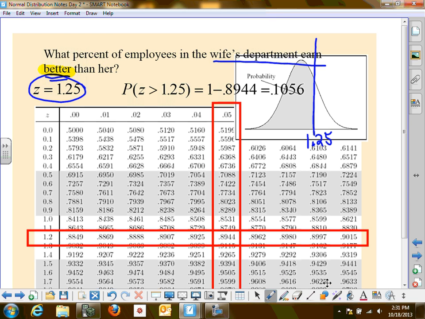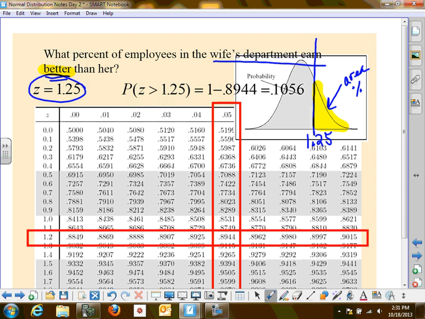Where's that? And to the right. Okay, good. If I can find how much area this is, then that tells me the percent of people that make a salary better than she does. So how do I do that?